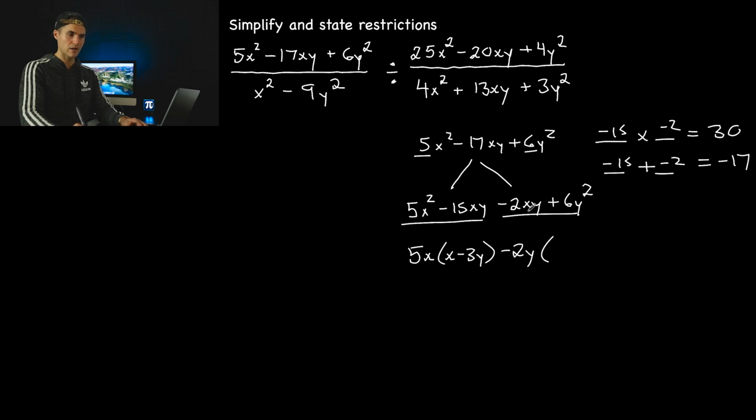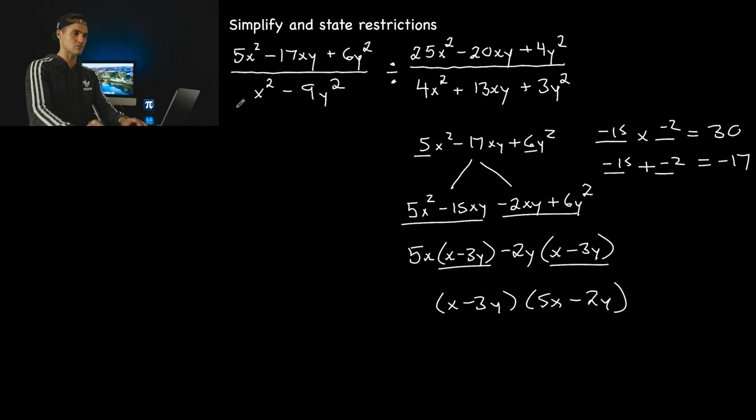So I could take out a minus 2y, and I'd be left with x minus 3y, like that. And then these two brackets should always be the same in this process. If they're not, then you know something is off. So this first numerator here, that's going to factor into 5x minus 2y, x minus 3y.